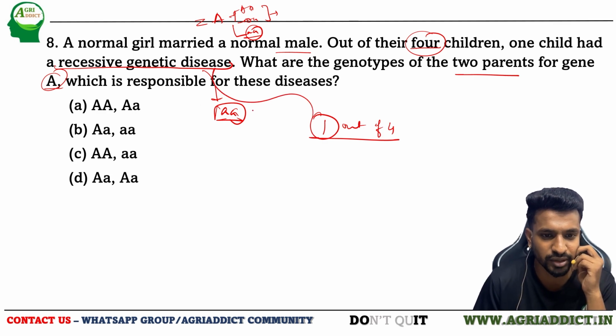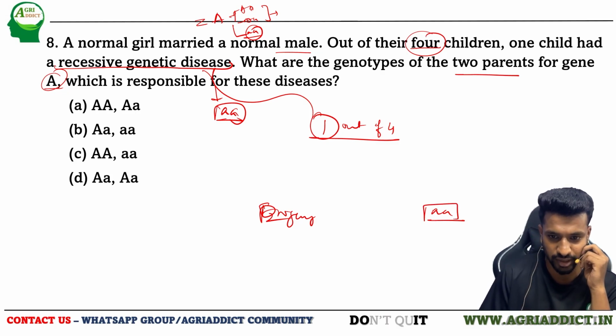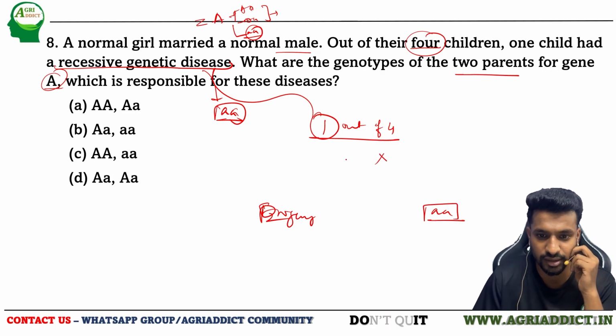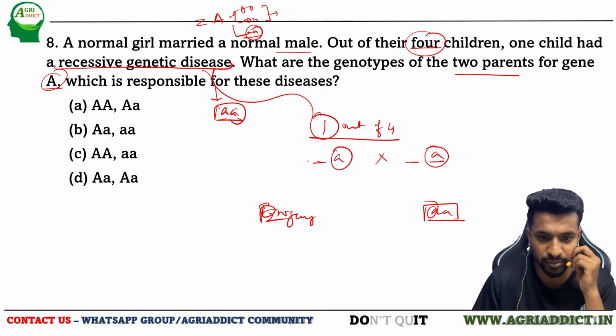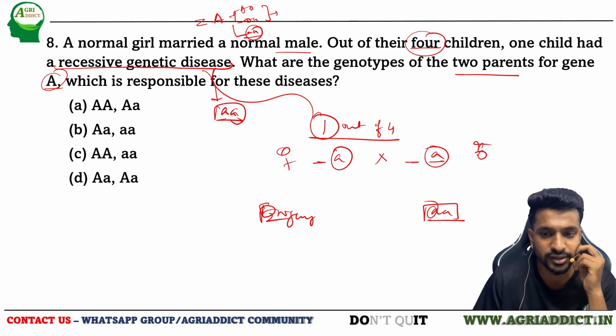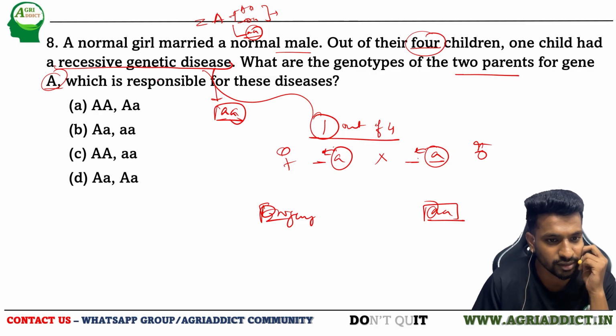So it's very simple to understand that if we want to get small a, small a in the progeny, we should have this allele in both the parents. It should compulsorily be present in both the female and the male, at least in a single copy. But the other copy, what it can be, that we can see here.